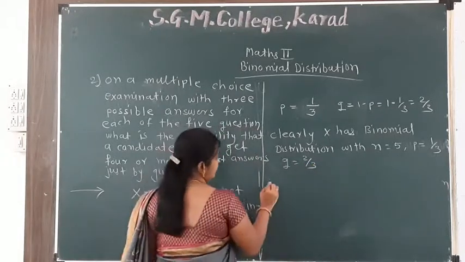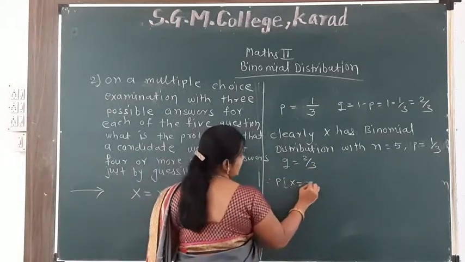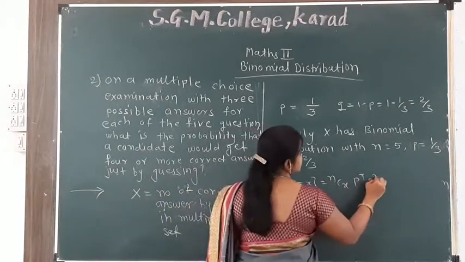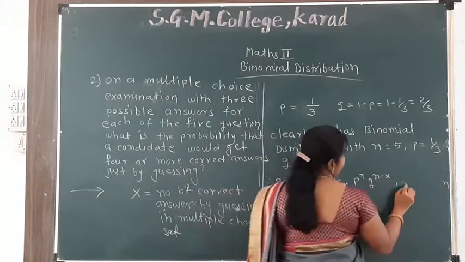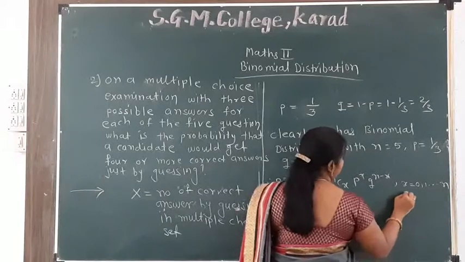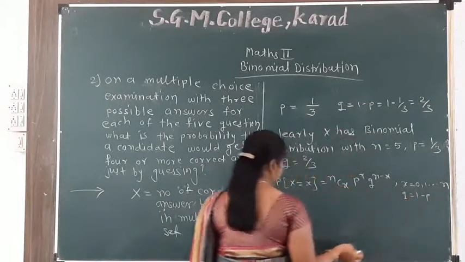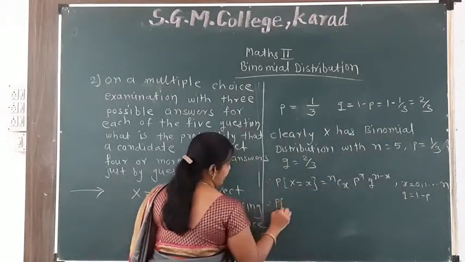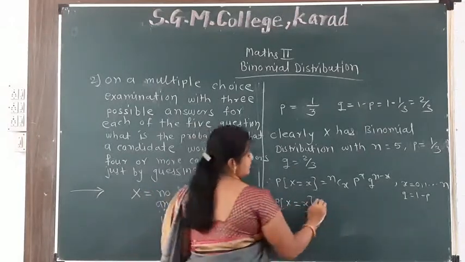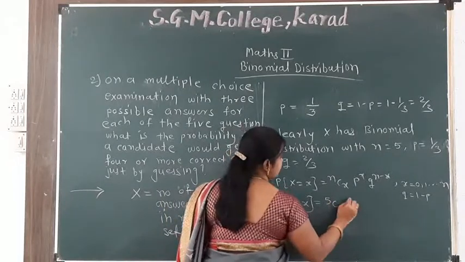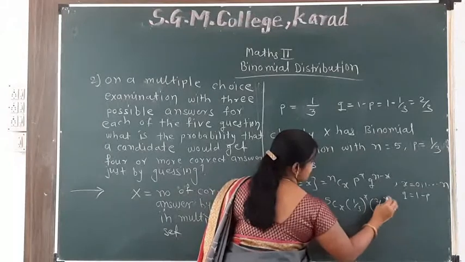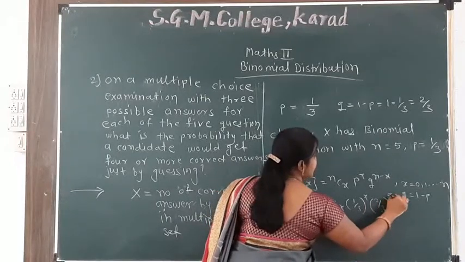Therefore P of x is equal to nCx P raised to x Q raised to n minus x, where x goes 0, 1, 2 up to n and Q is equal to 1 minus P. Therefore P of x is 5Cx (1/3) raised to the power x (2/3) raised to the power 5 minus x.